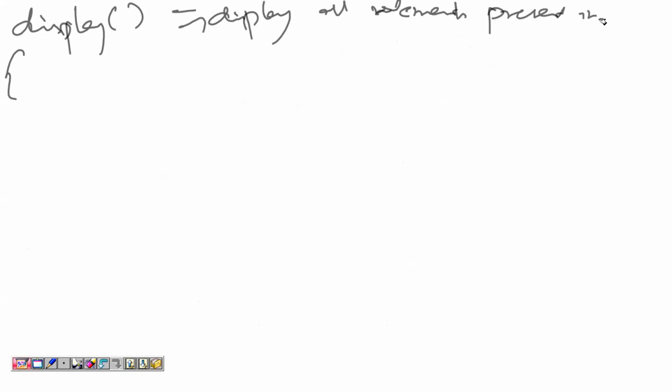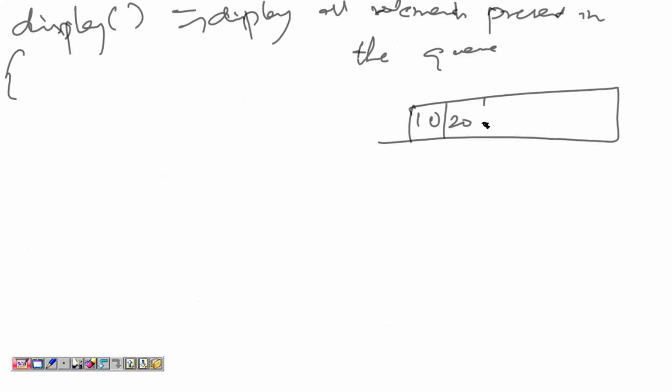Using the display function, I want to display all the elements present in the queue. Suppose my queue has all these elements 10, 20, 30, 40, 50, 0, 1, 2, 3, 4, 5.